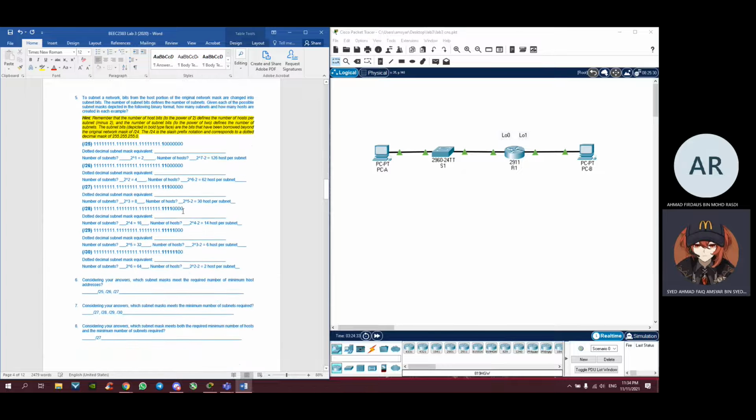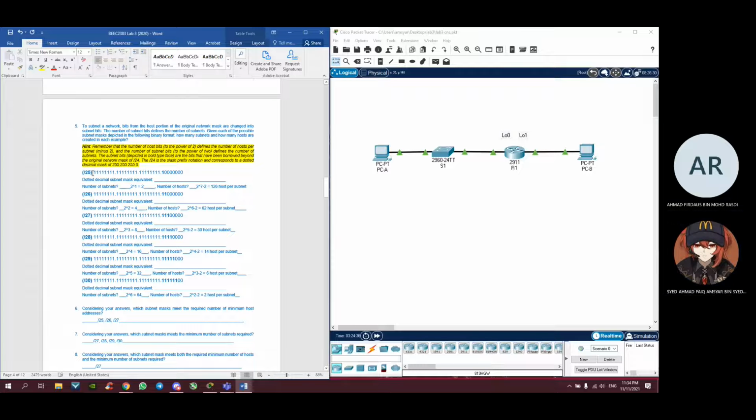Okay, and then for number 5, the total decimal number subnet mask equivalent. For /25, the number of subnets, we get 2 to the power of 1 because the subnet bit is 1 here. We can see that 2 to the power of 1 equals 2.